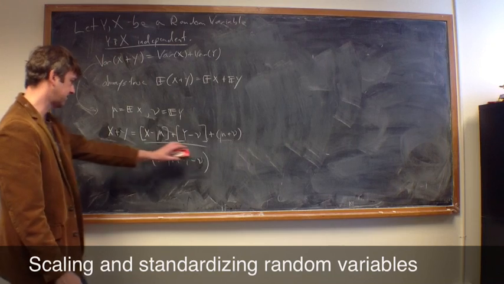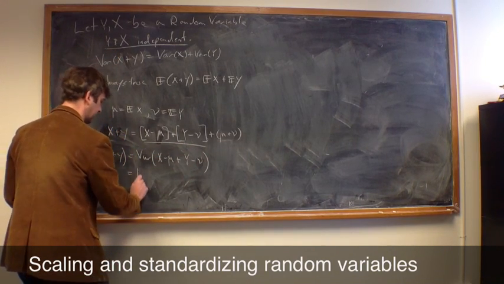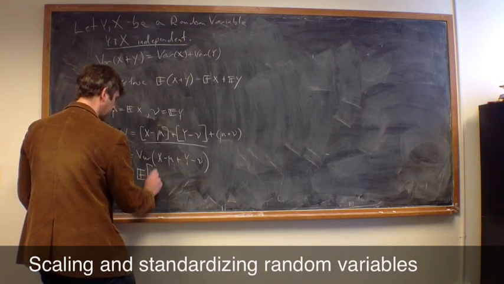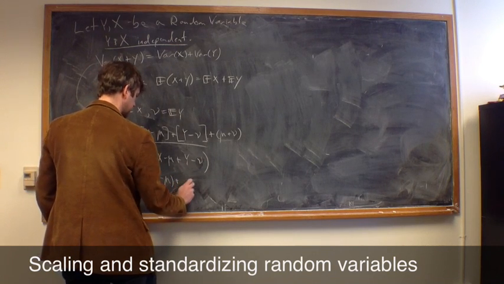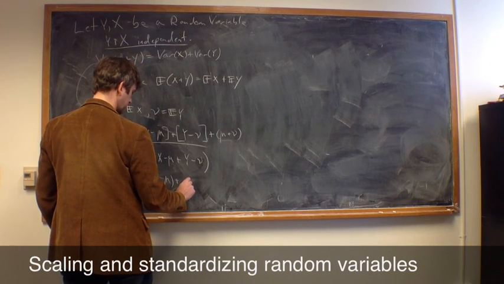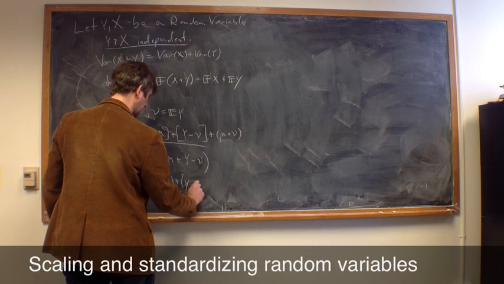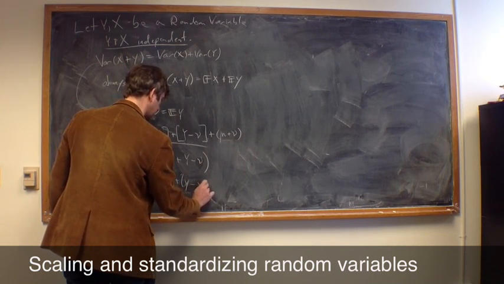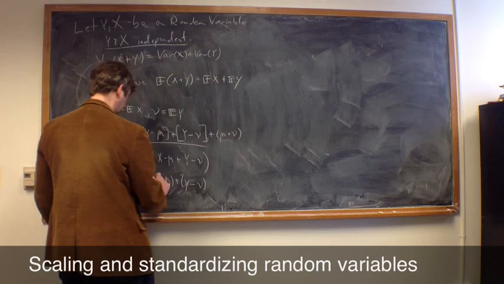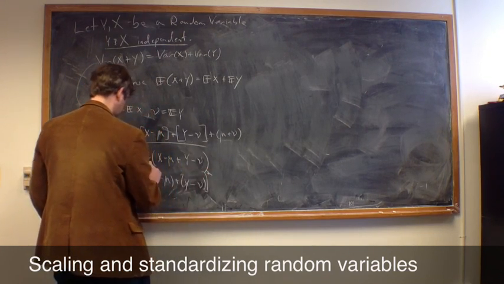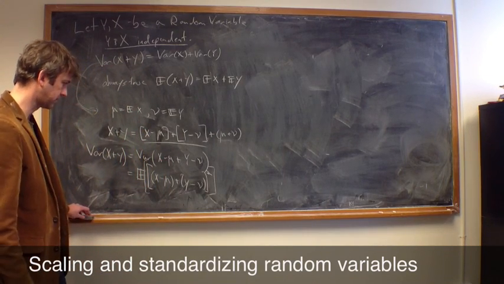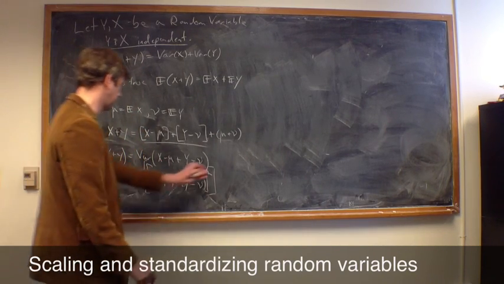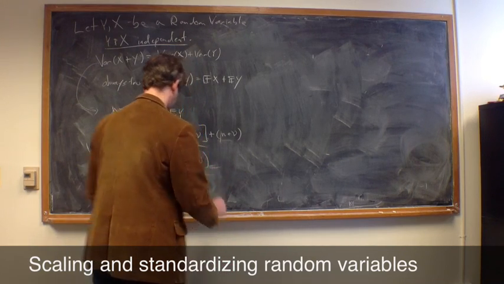Well, the first thing we do is take the expected value of the quantity here squared, so I'm going to write that as x minus mu plus y minus nu, and this whole quantity squared.